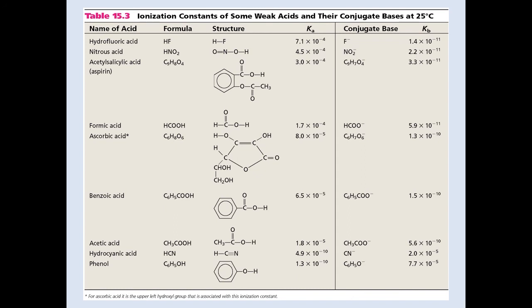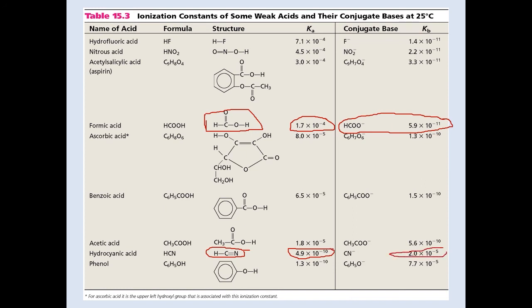From the previous example, we saw that the formic acid was stronger, with a Ka of 10 negative 4. The conjugate base of it has a Kb of 10 negative 11. However, hydrocyanic acid, we saw from the previous example that its Ka is 10 negative 10, but its conjugate base has a Kb of 10 negative 5, which is much higher than the formate ion.